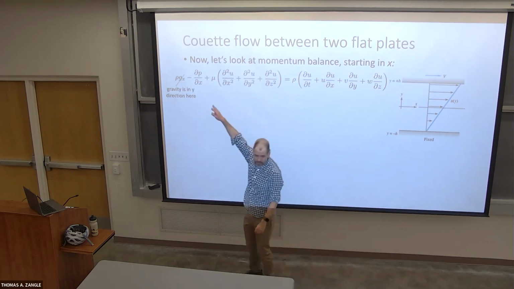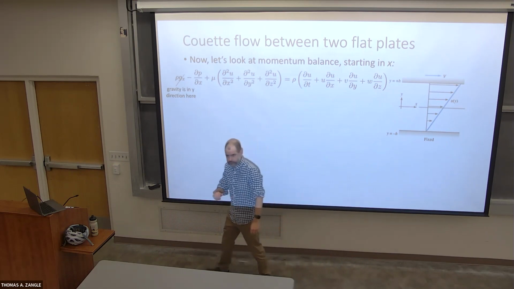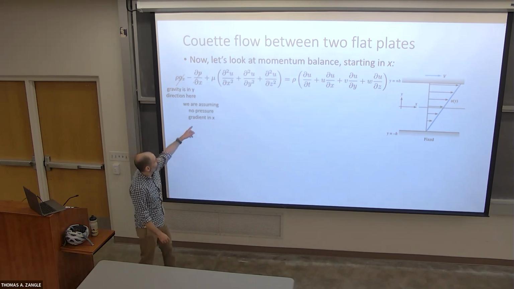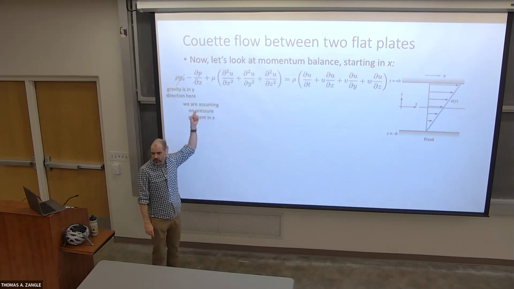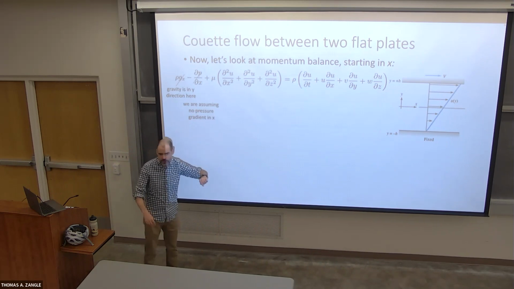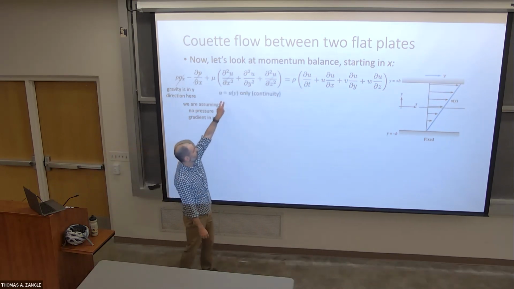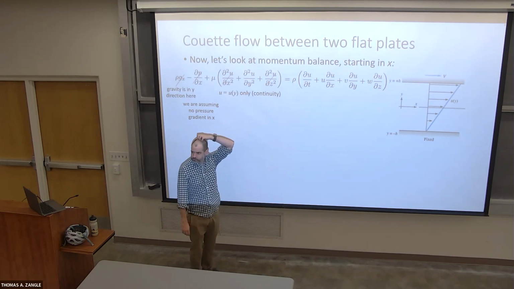So g sub x is 0, so we drop out that first term. We assume there is no pressure gradient in x. So there's no change in pressure in x, so dp dx is equal to 0 in this problem. This is not the pressure-driven flow problem.